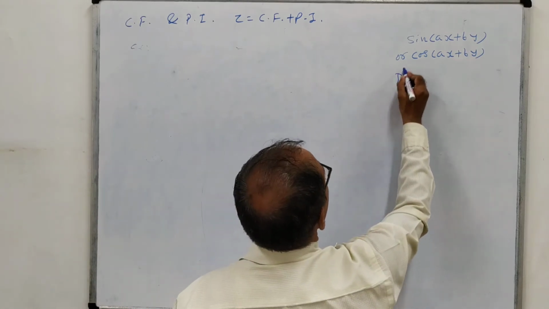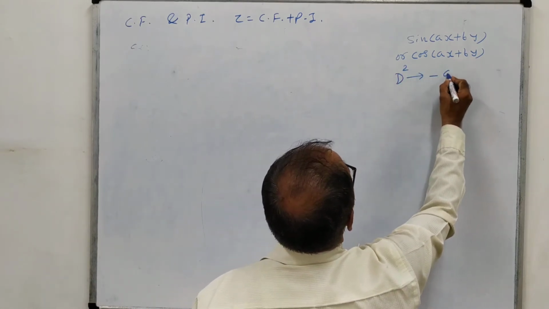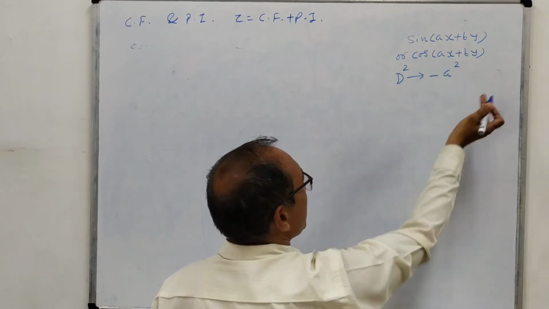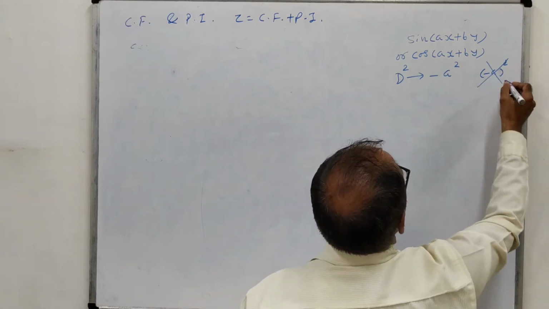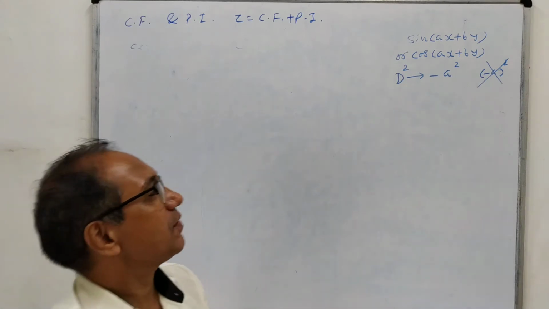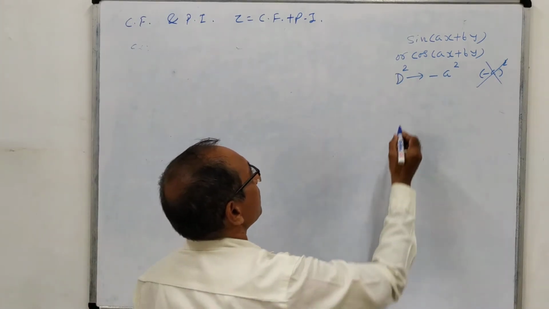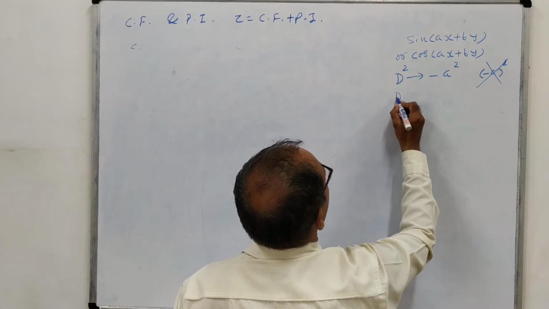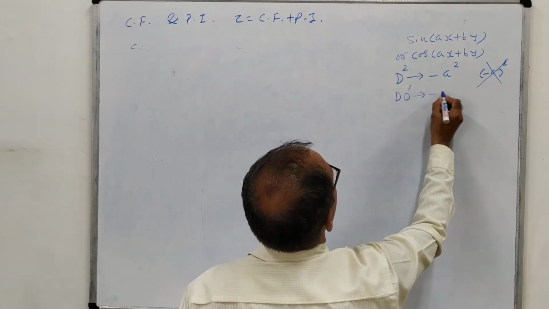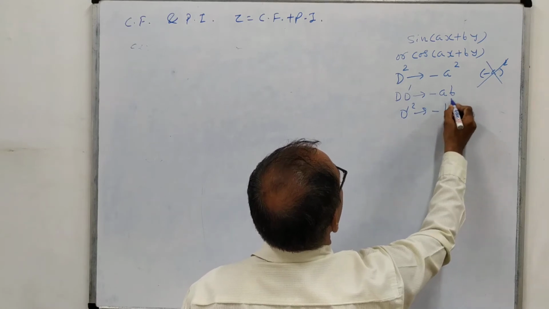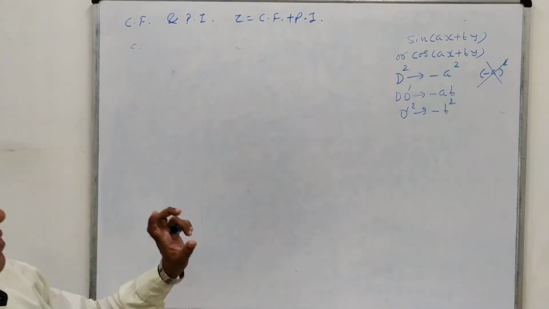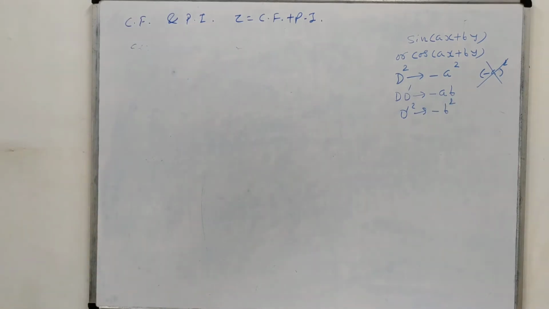Instead, here we will replace D square by minus a square. Not minus of a whole square, that is wrong, because minus a whole square is a square itself. So D square by minus a square, then D D dash by minus a b, and D dash square by minus b square. We will replace by these values and obtain the required solution.